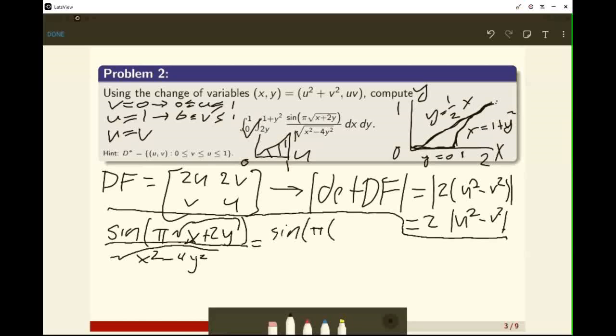And again, in the region that we're interested in, u and v are both positive, and so that square root is well defined as the positive square root. The square root of the square is the thing itself if it's positive.